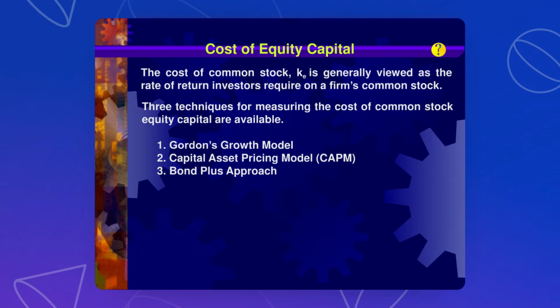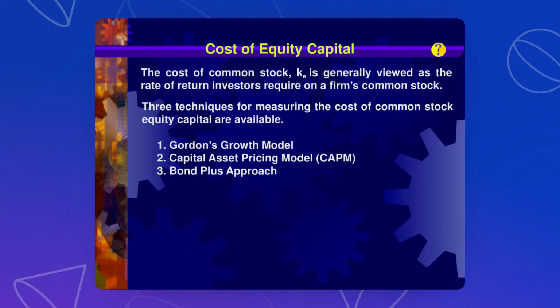There are three methods or techniques for measuring our cost of common stock. Number one, using the Gordon's growth model. You can also use the capital asset pricing model, or you can also use the bond yield plus risk premium approach model. We will do one by one now.